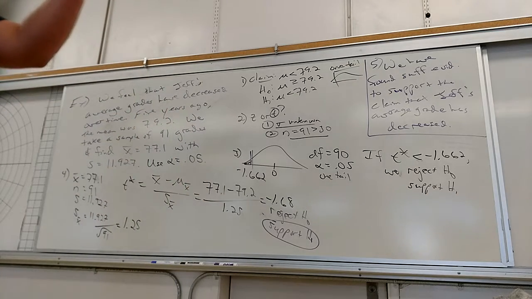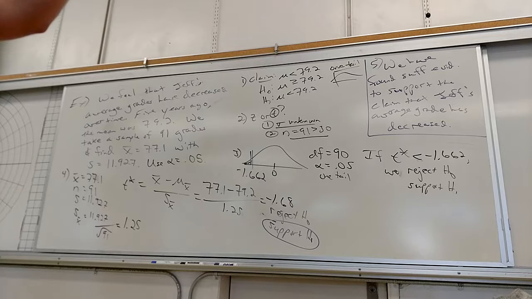So where's 1.68? At the 90 level here, where's 1.68 between which two t-scores? Yeah, and 1.662. So the p-value would be between, this is one tail, 0.025 and 0.05.